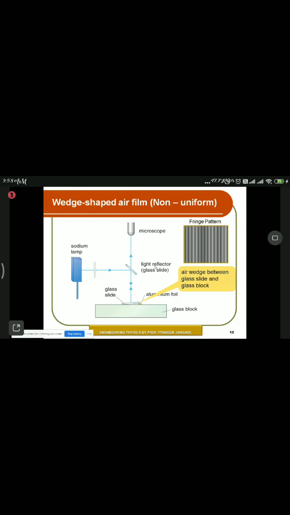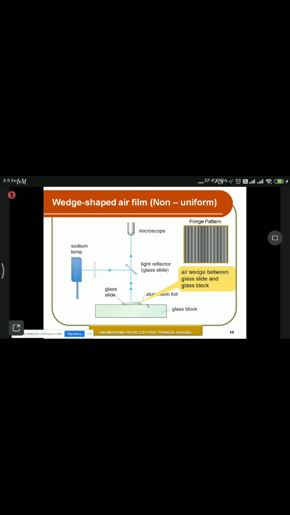The next example that we have seen is the non-uniform film. How can we get a non-uniform film? We observed it through the wedge-shaped air film. For that, there is a glass block placed at the bottom, and above this glass block there is a glass slide, separated by a spacer, which is aluminum foil, because aluminum foil satisfies the condition of a thick film.